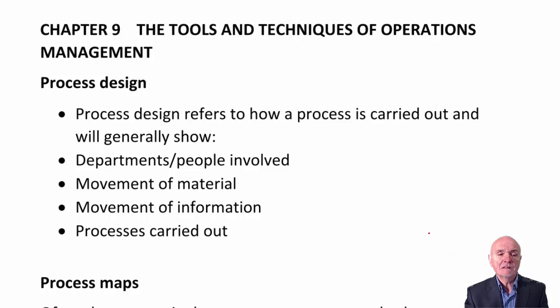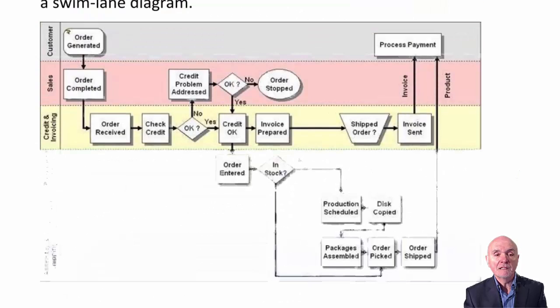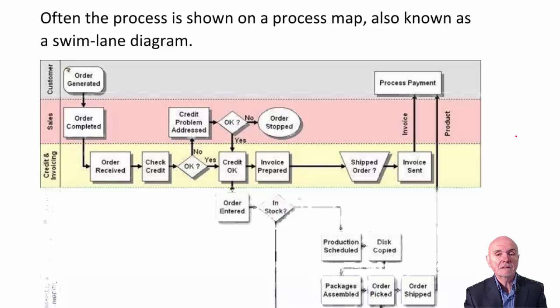And the first thing is to find a way in which the process, whatever it is, can actually be depicted. The first tool, if you like, is what's called a process map, sometimes known as a swim lane diagram, for fairly obvious reasons: going across this diagram, it looks like an aerial view of a swimming pool.